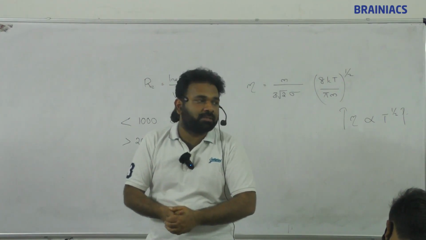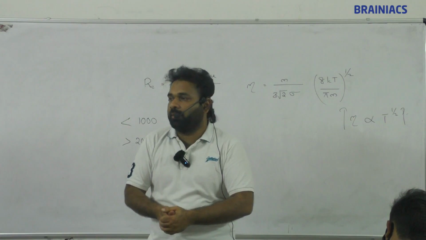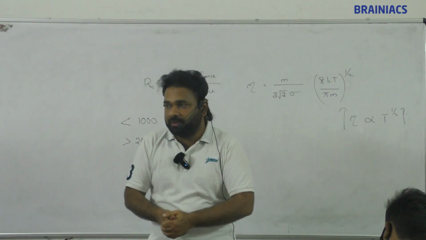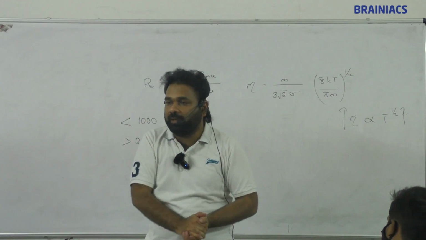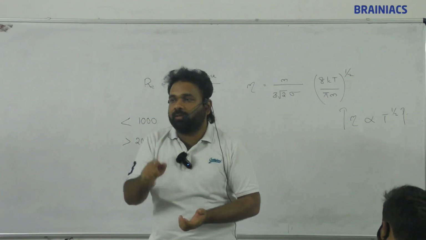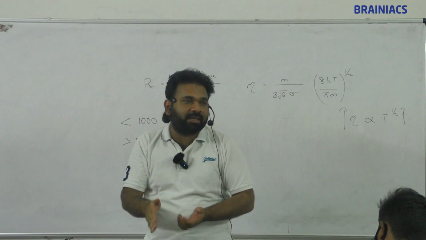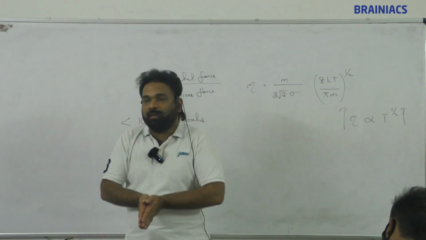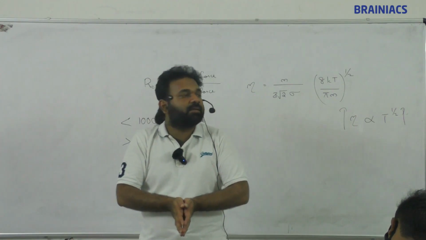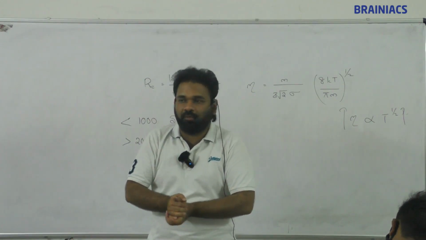Fall or rise? Fall will happen. What will be the angle between the tangent on the surface of the liquid and the line towards the capillary tube? Greater than 90 degrees. Mercury 137 degrees. Correct? Perfect.